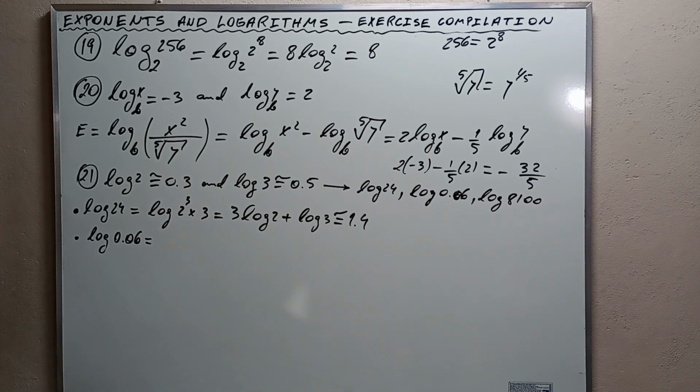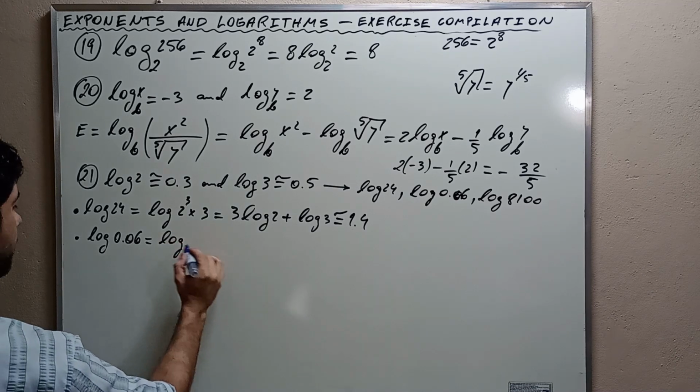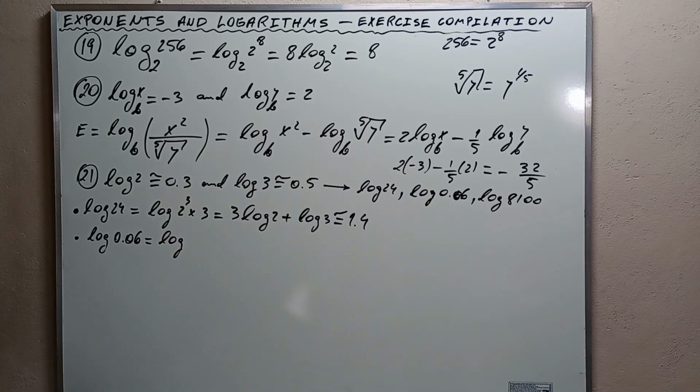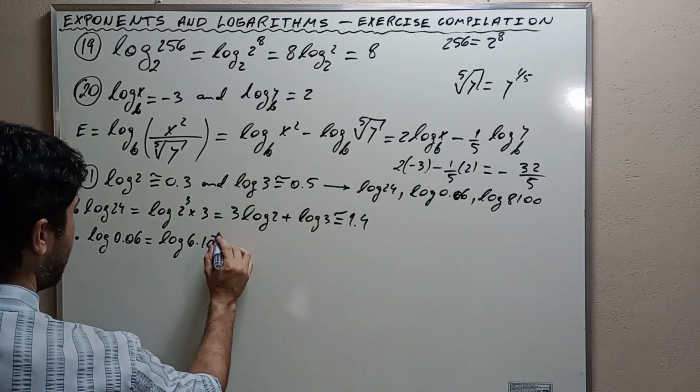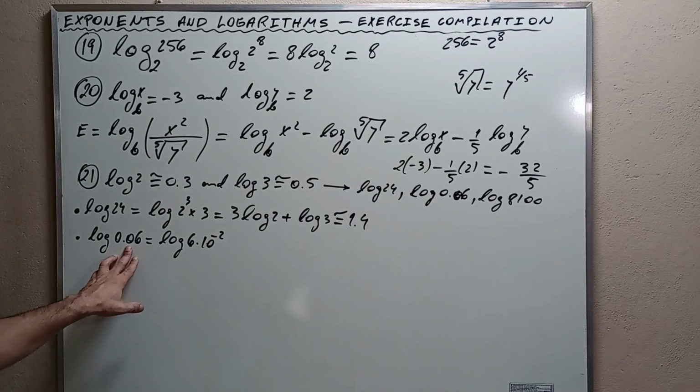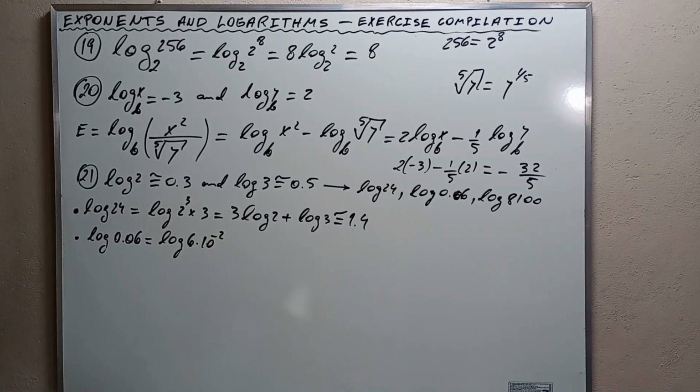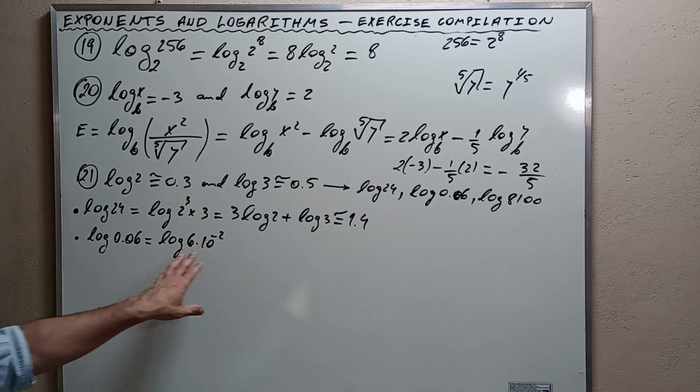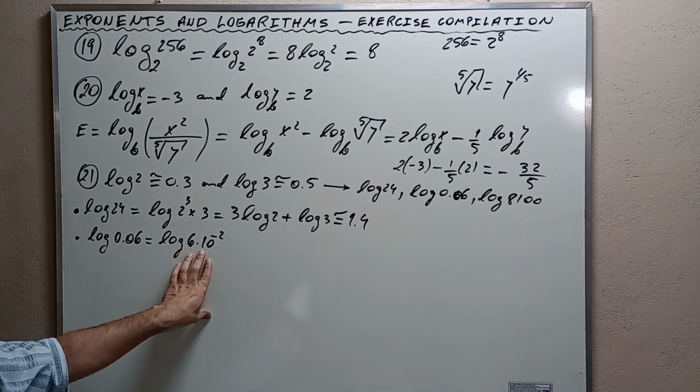What can we do to calculate this? Okay, observe that 0.06 is equal to 6 times 10 to the minus 2. This number here is equal to 6 times 10 to the minus 2, or 6 times 10 raised to the power of negative 2. You choose the way you speak this.